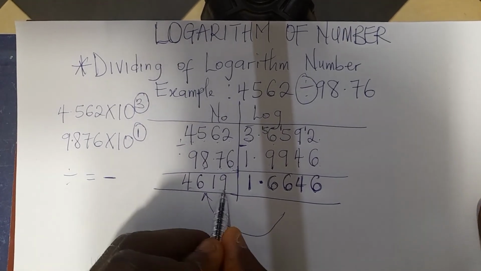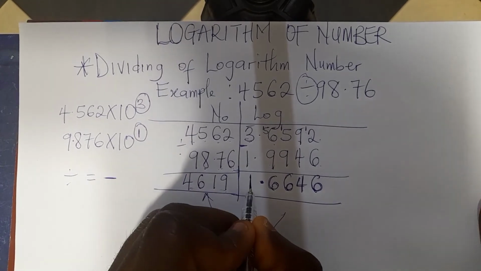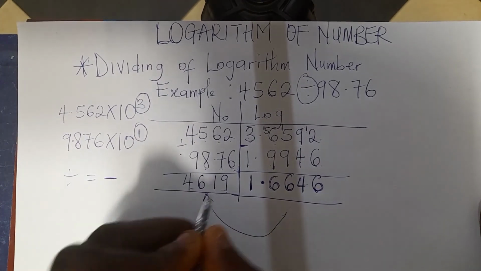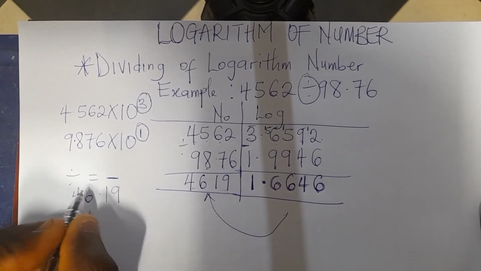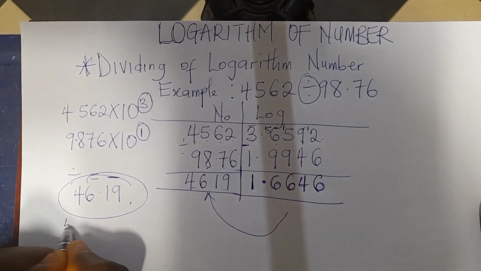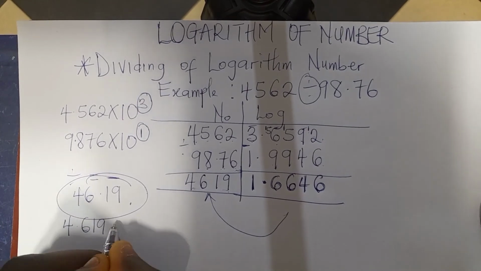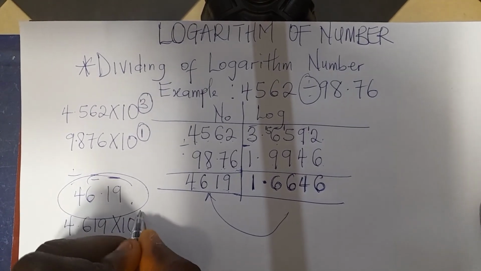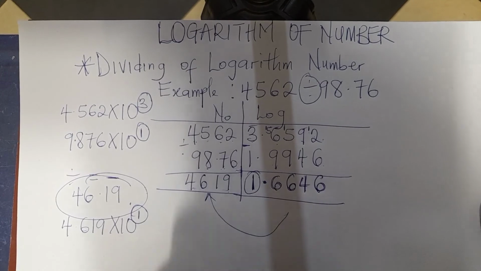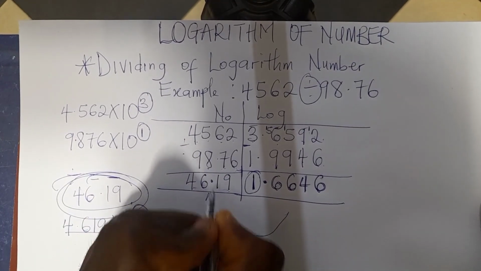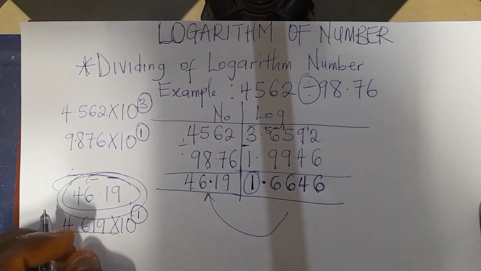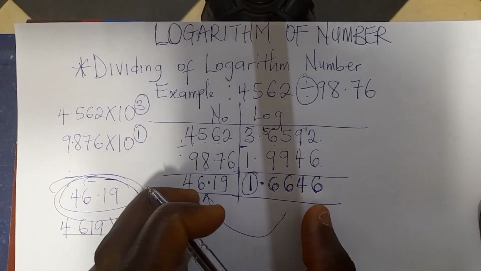Taking this to standard form for it to give us 1, this will be 46.19. So if you take this to standard form, it will give us 4.619 times 10 raised to power 1. So it means it will be in this form. So the point is going to be here. Now this is the answer to this particular question.